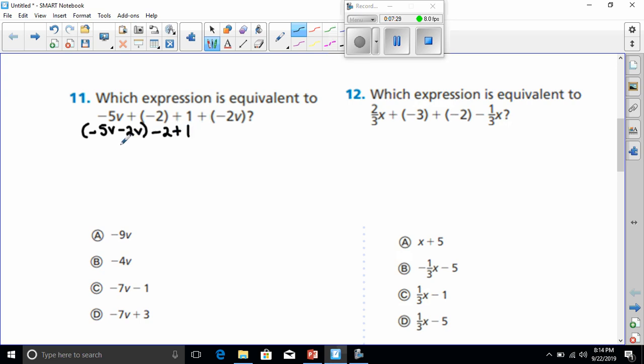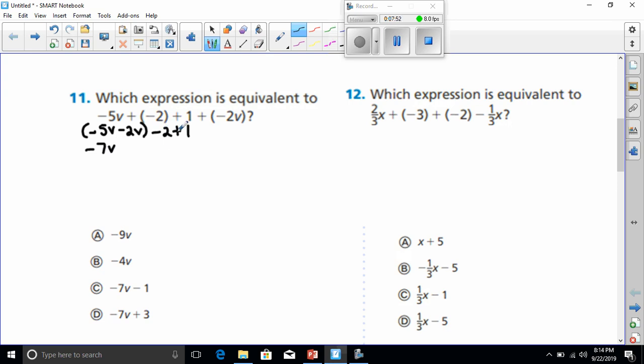Okay, if I combine these together, I see that I have negative 5v minus 2v. Well, my signs are the same, and my rule goes, if my signs are the same, I add my numbers and keep the sign. So I know my answer is going to be negative, and 5 plus 2 is 7. So it's 7v.